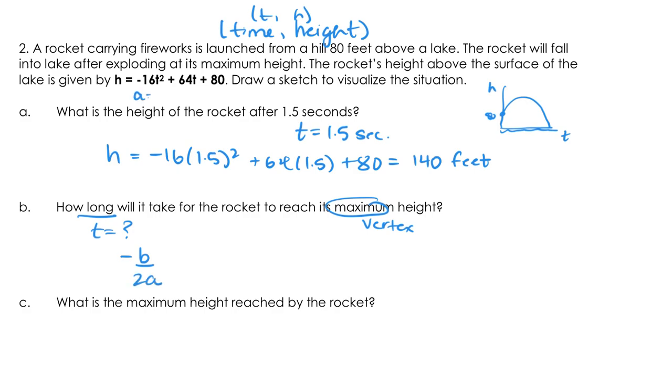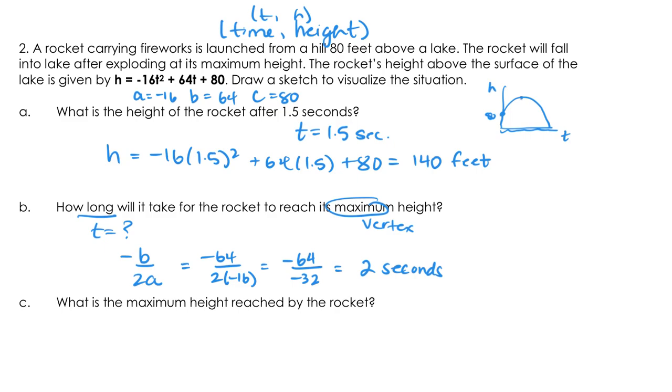And up here, our a value is negative 16, our b value is 64, our c value is 80, and so the opposite of 64 is negative 64, divided by 2 times a, which is negative 16. So again, simplify the numerator and denominator first before putting this into your calculator to avoid making any mistakes. And when you divide this out, it comes out evenly to 2 seconds.